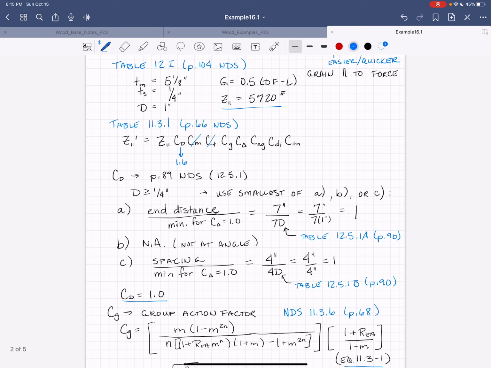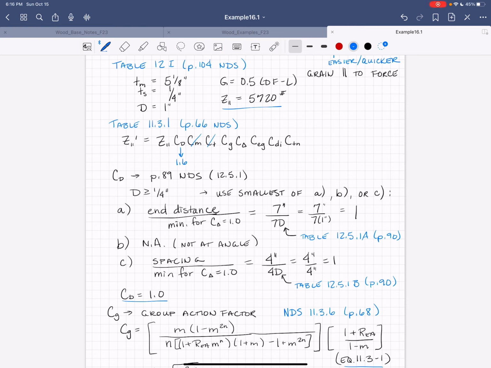So for fasteners, and these are dowel type fasteners, we're going to be using Chapter 11 for mechanical connections in general, and then Chapter 12 for dowel type fasteners for how we calculate all this stuff. In Chapter 11, page 66, they've got the equations, in other words, which modifiers you use.